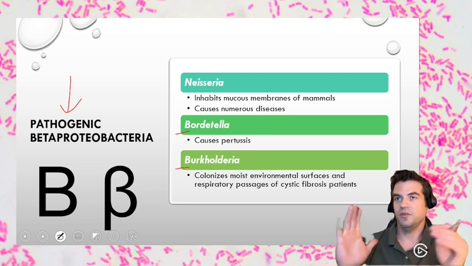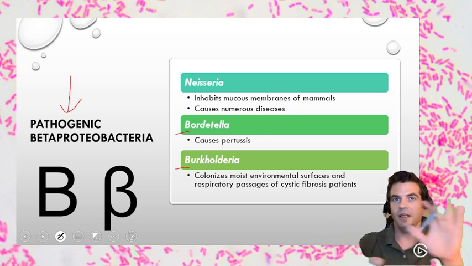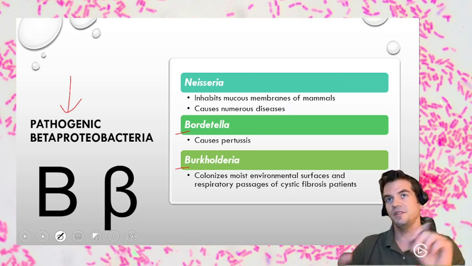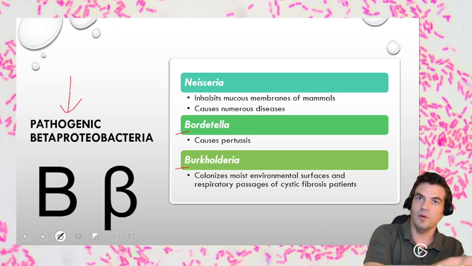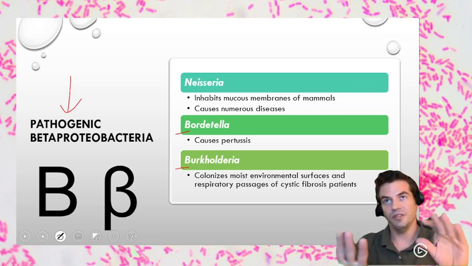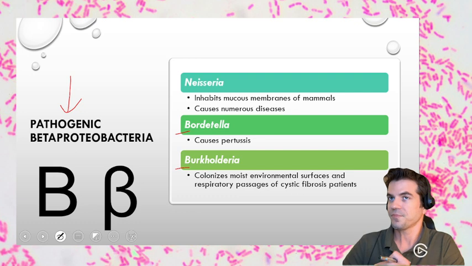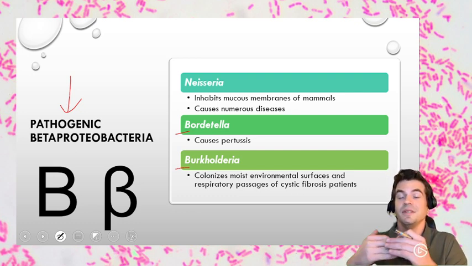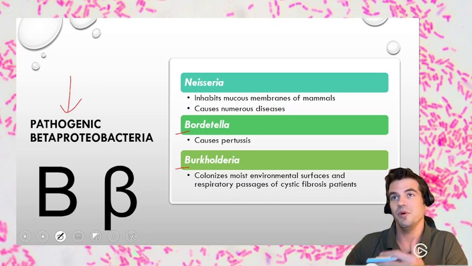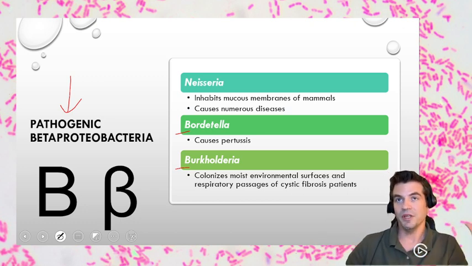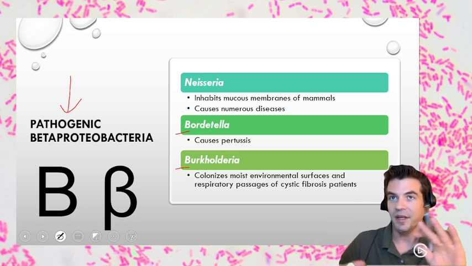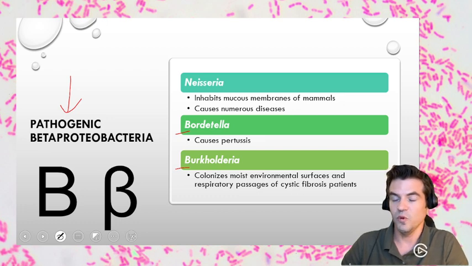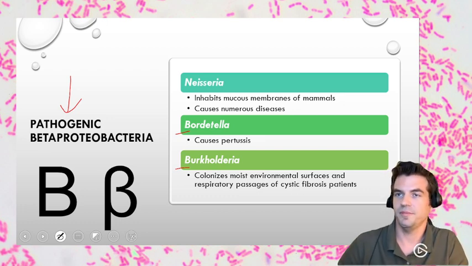Don't try to constantly link back and forth and stress whether Neisseria is beta or epsilon. That's going to cause you hours of heartache. We want to know that there's an existence of Neisseria, and we want to know that there's an existence of beta proteobacteria. Okay, if you can link those, all the better, but really knowing them apart is actually more important.